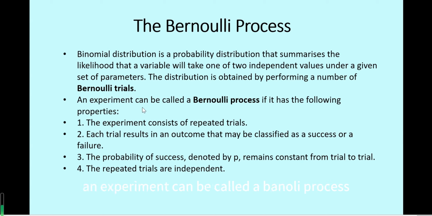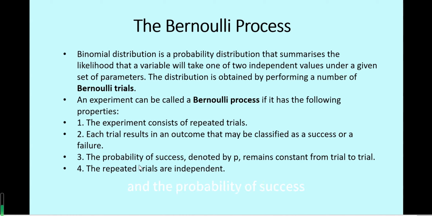An experiment can be called a Bernoulli process if it has the following properties. First, the experiment consists of repeated trials. And second, each trial results in an outcome that may be classified as a success or a failure. So the result of a Bernoulli process is binary, yes or no, success or failure.